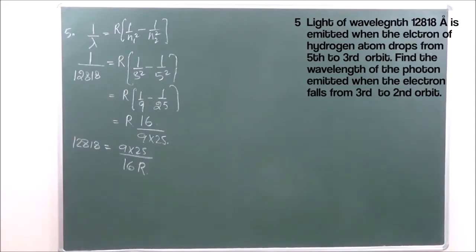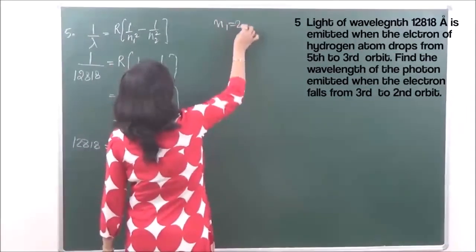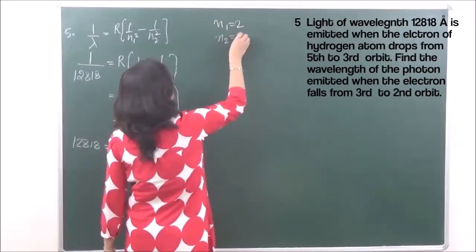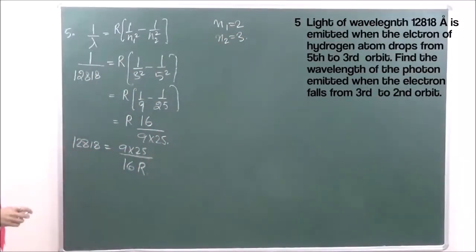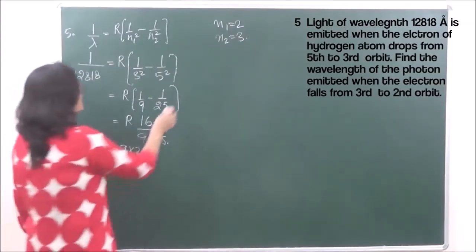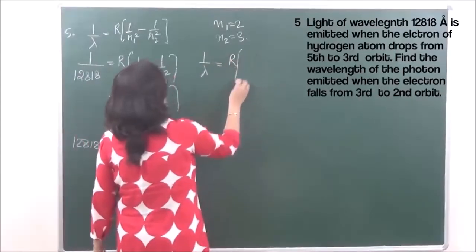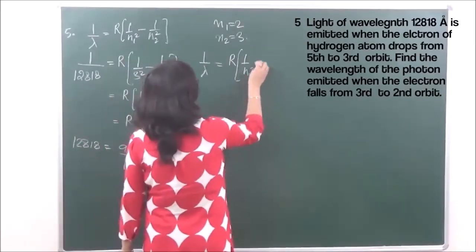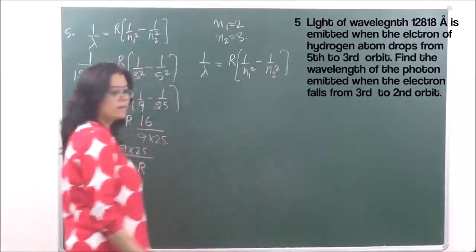For the second transition, n1 is equal to 2 and n2 is equal to 3. So now lambda is not given to us over here. We have to calculate lambda. So we have 1 upon lambda, that is equal to R into 1 upon n1 square minus 1 upon n2 square.